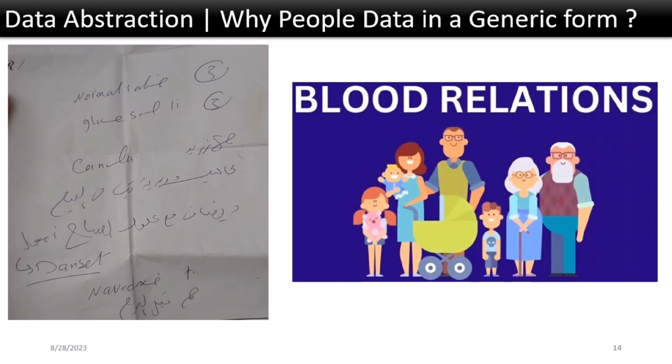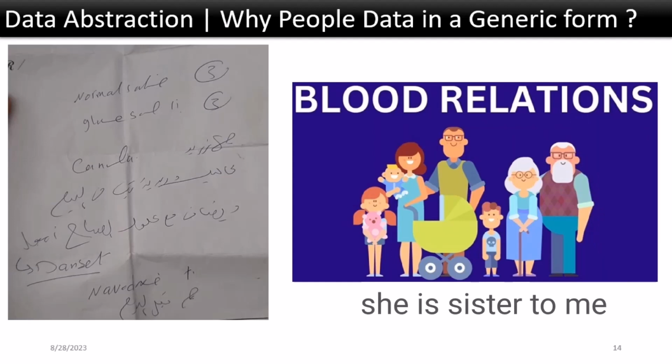So why do people need data in a generic form? Generic form in the sense general form. Let's say we go to a doctor and get a receipt. The doctor's prescription can never be understood by common people. When my mom says, do you know him? She's your grandmother's sister's young brother's son's only daughter.